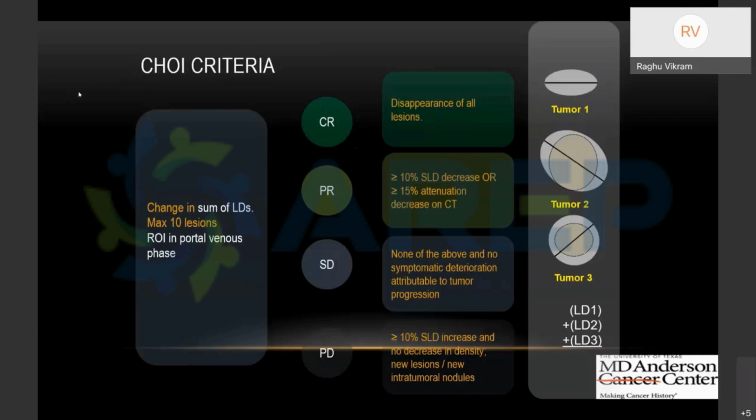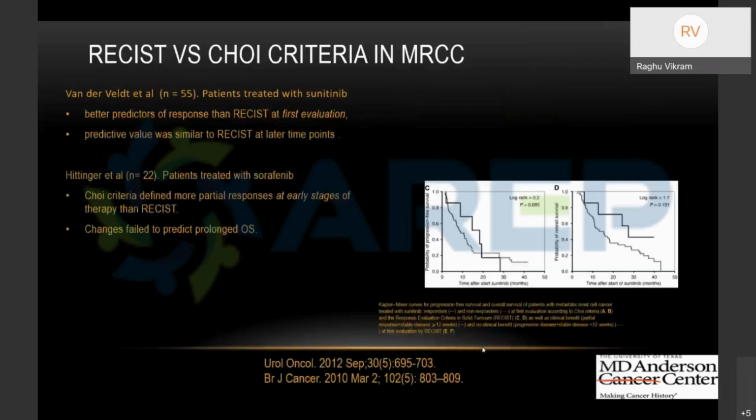So just like RECIST, you have complete response, partial response, stable disease, and progressive disease. And you can actually look this up, the CHOI criteria. What has been shown is that the CHOI criteria is able to predict the responders versus non-responders better than RECIST. And this is a RECIST criteria.